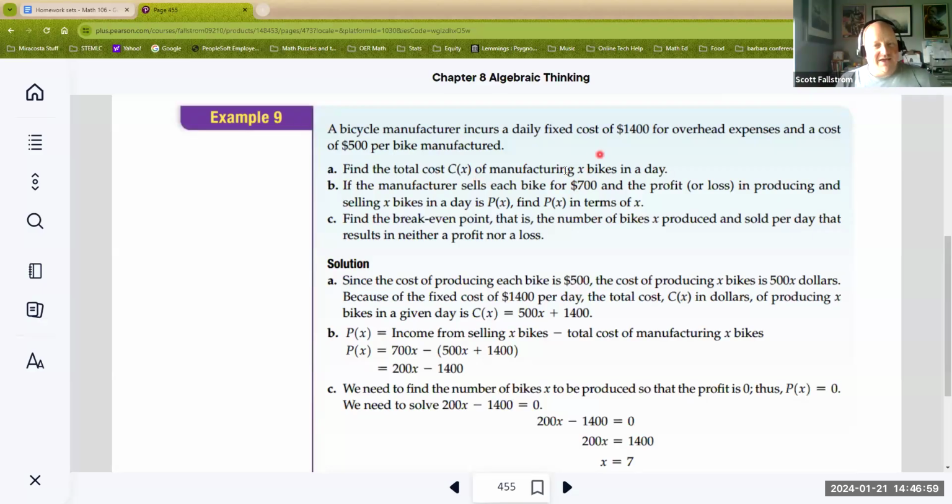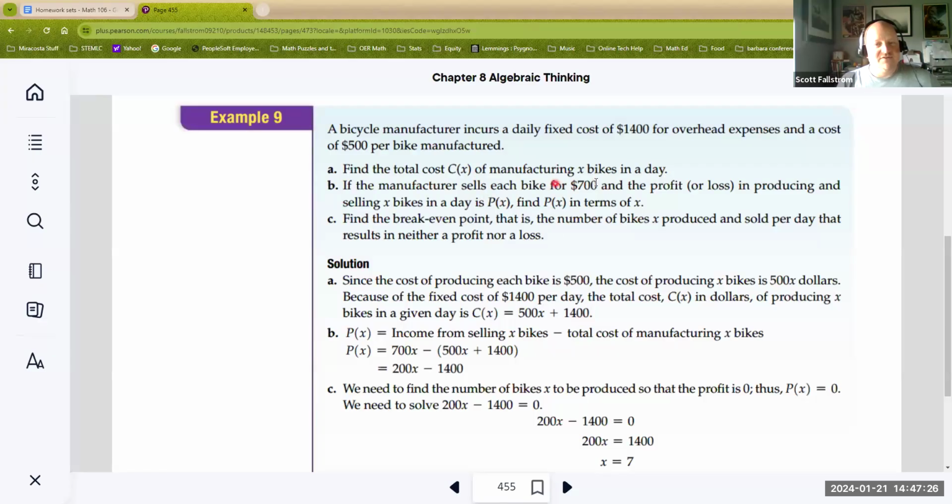So if you're producing x bicycles in a day, then we could see how much your total cost is. And here it says the cost is $1,400 just to rent the space, and a cost of $500 per bike manufactured. Okay, so your costs are going to be 500 times the number of bikes that you build, plus the fact they had to pay for the space for $1,400.